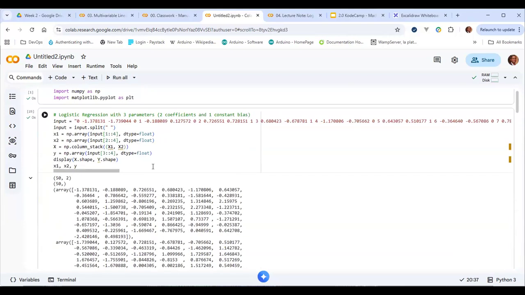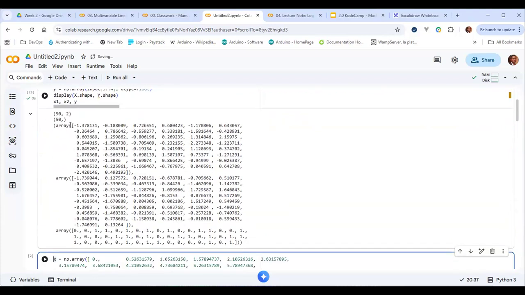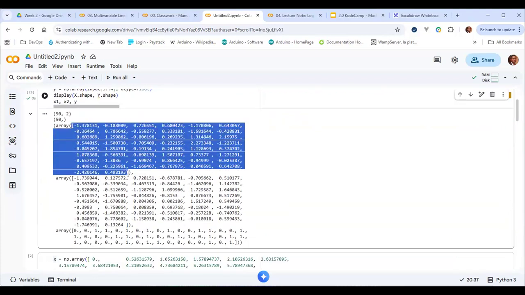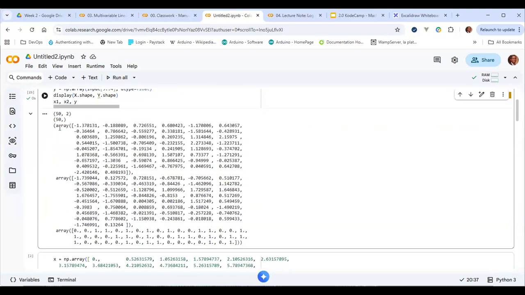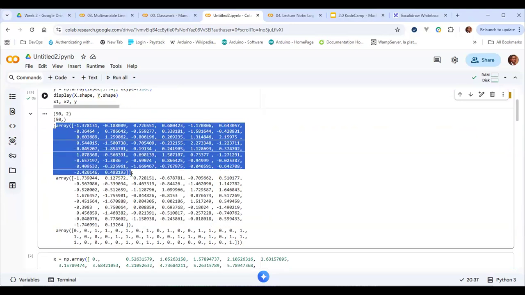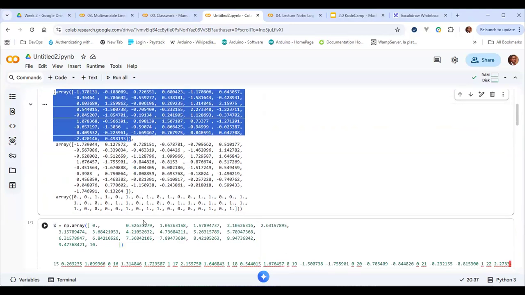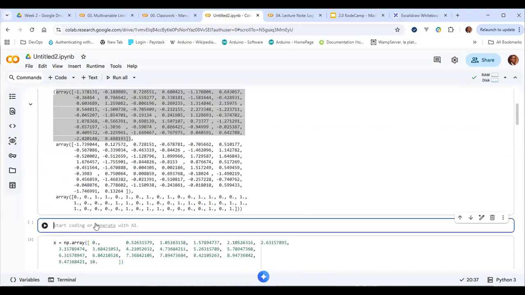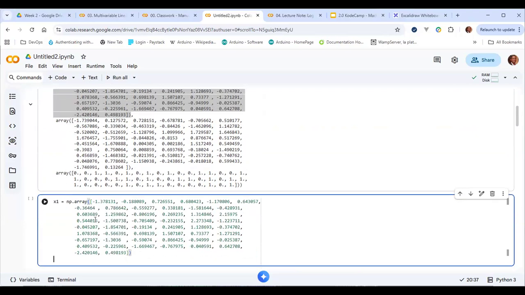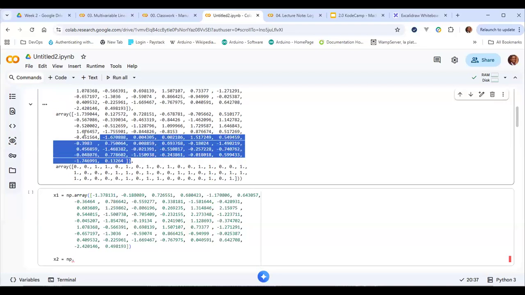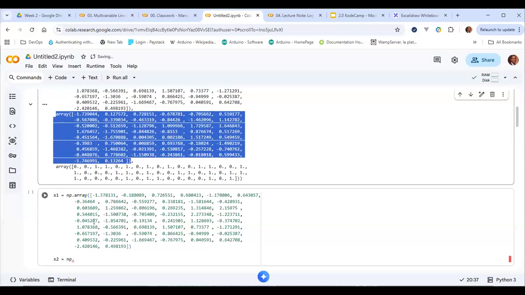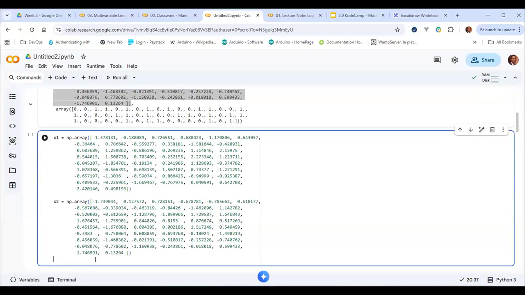All right. So you see x1 is this array. We could actually extract this and put it in here, so it's easier for us to see and think about it. So this is x1. And then this is x2.